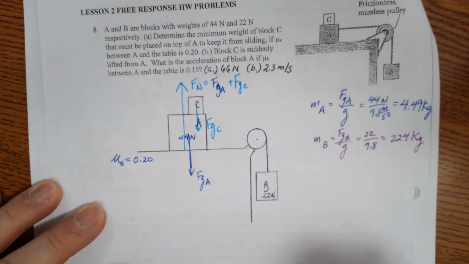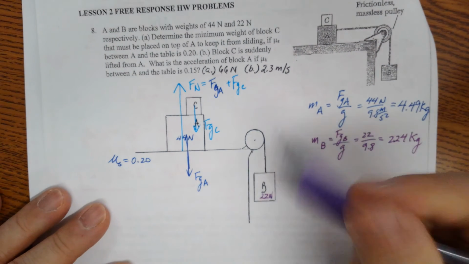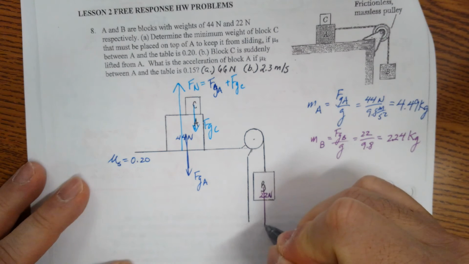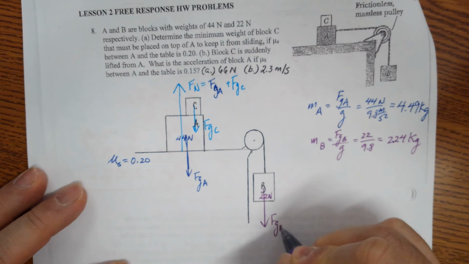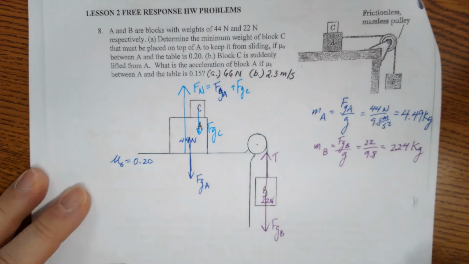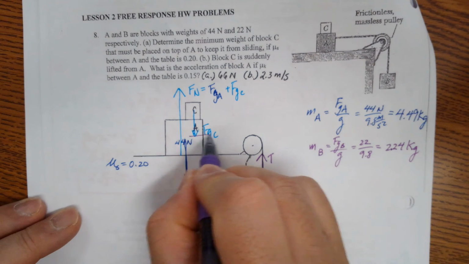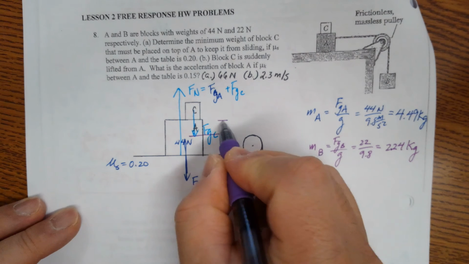All right, so let's think about the tension here. For block B, we're going to have FGB down, and we're going to have tension going up. That tension is the exact same tension going this way.